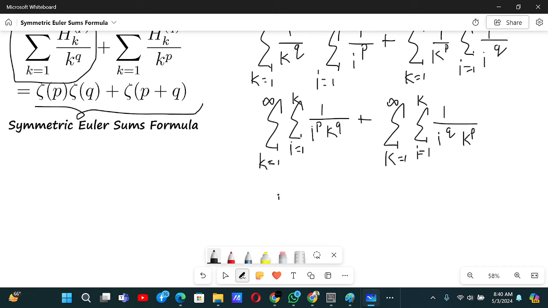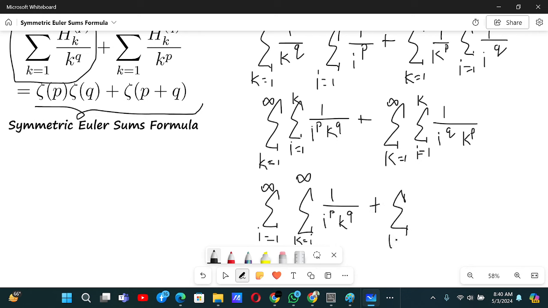If you swap the sum, we have the sum from i equals 1 to infinity and the sum from k equals i to infinity of 1 by i to the power p, k to the power q, plus, let's write as it is, the sum from k equals 1 to infinity, sum from i equals 1 to k of 1 by i to the power q, k to the power p.